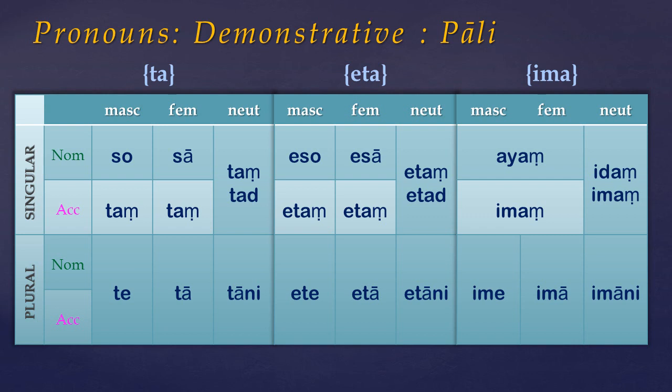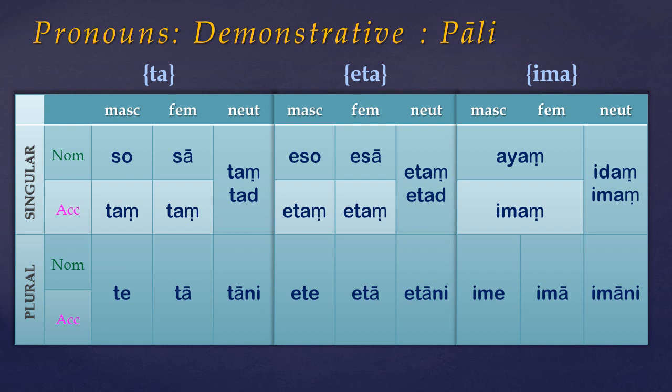Well, in Pali, pronouns tend to distinguish proximity. So pronouns from the stem ta tend to describe someone or something that is absent or distant in either space or time, whereas pronouns from the stem eta or ima often refer to someone or something which is present, close at hand or obvious to the audience.